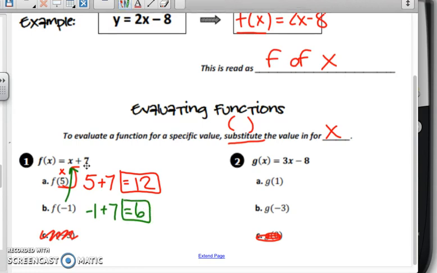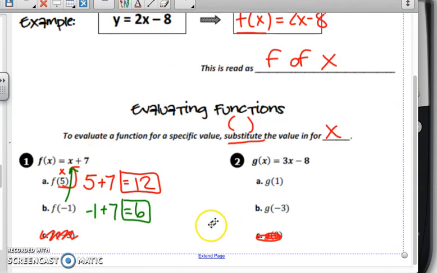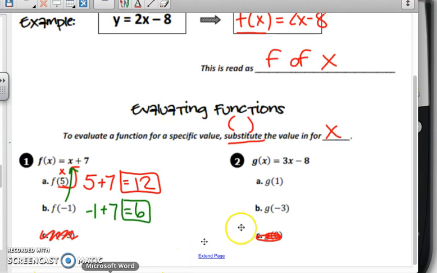Okay, so those are the easiest types of substitution problems, and they do get a little bit harder. So on the next one, we have g of x equals 3x minus 8. So I notice that when I have a 3 and an x right beside each other, that operation is multiplying. So what you're going to have to do is input 1 where the x is.